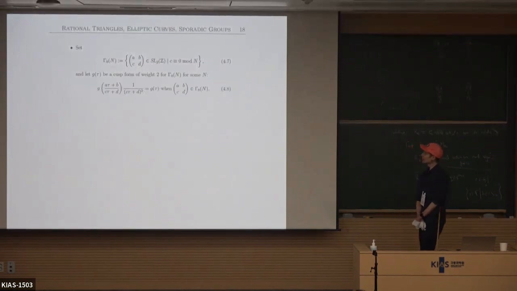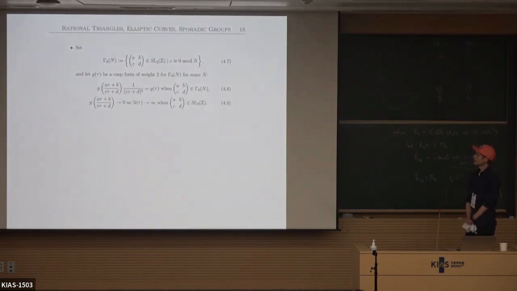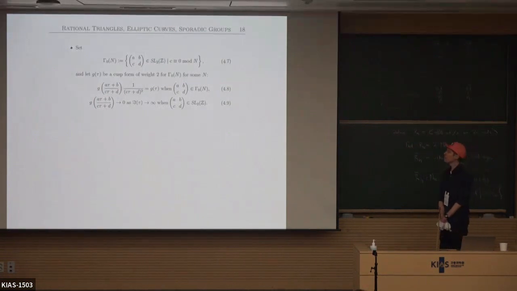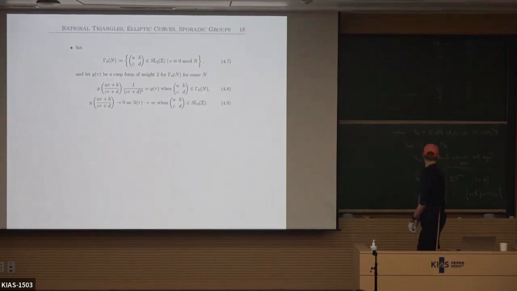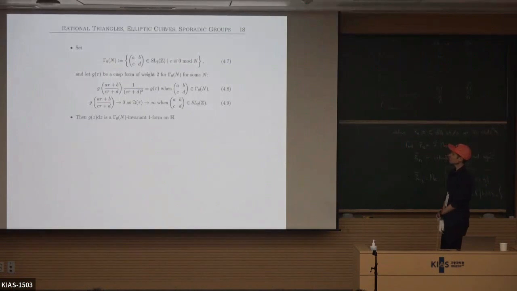Concretely, that means that G is invariant for this action of gamma naught n and satisfies some growth condition as the parameter tau runs off to infinity.